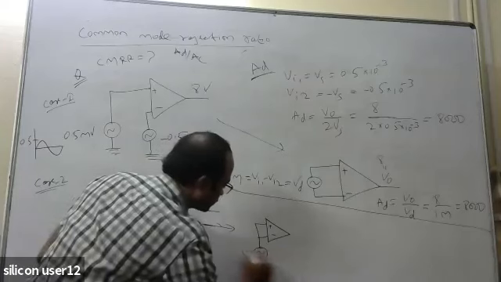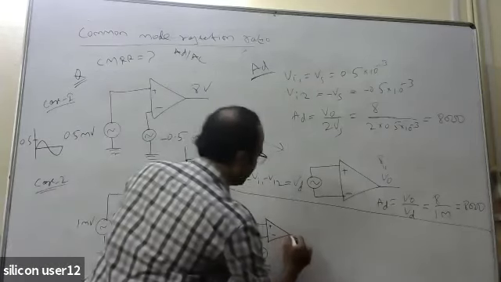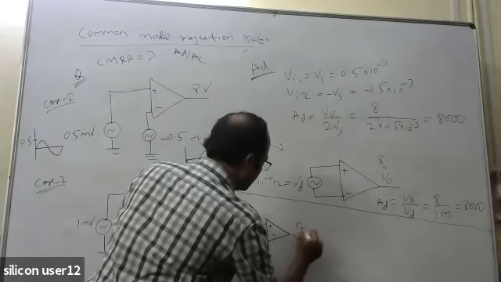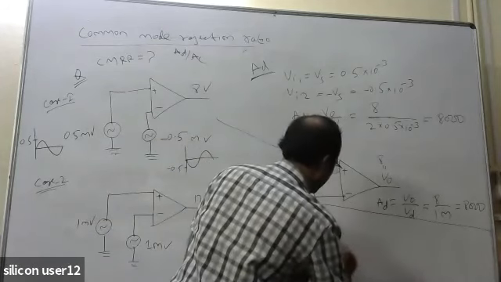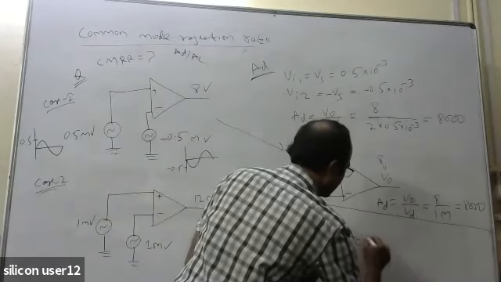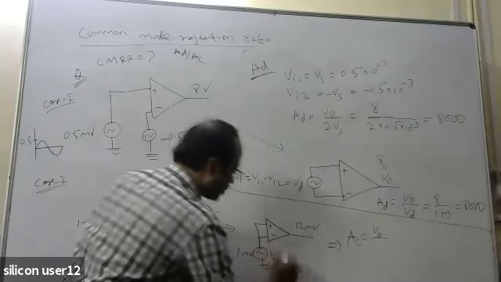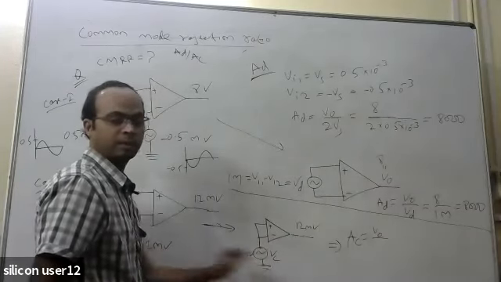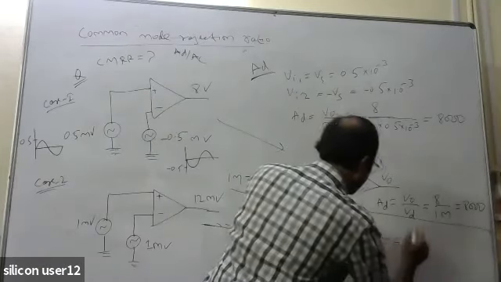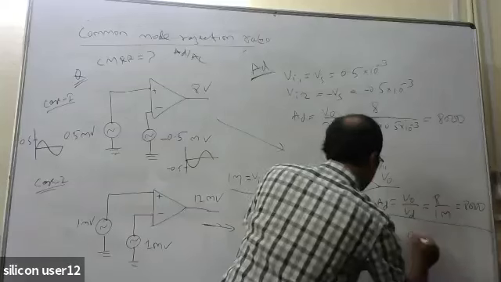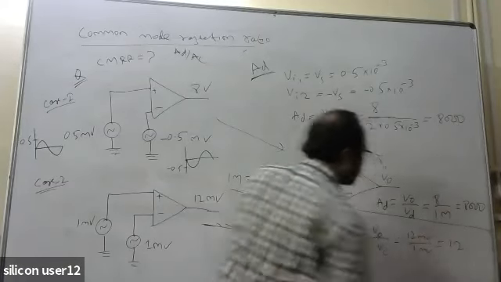So this value is equal to 1 millivolt, and at that time my output is equal to 12 mV. So my AC equal to V0 by VC, this is the common mode component VC, so 12 mV by 1 mV is equal to 12.